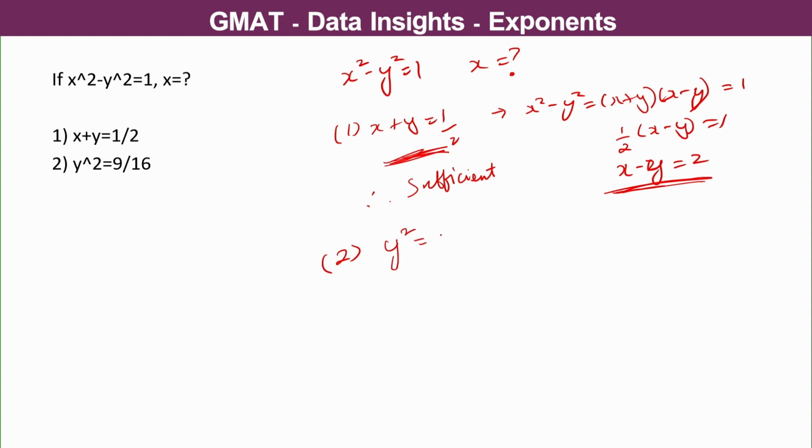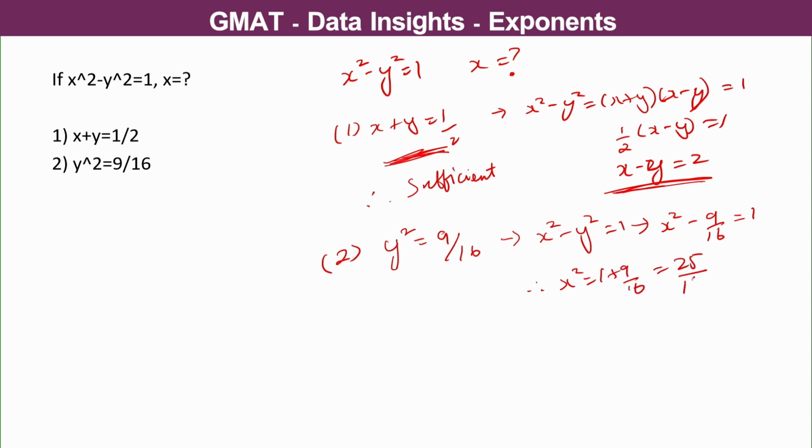The second statement says that y square is equal to 9 by 16. Then we can substitute this in the main information. x square minus y square is equal to 1, which means that x square minus 9 by 16 is equal to 1. Therefore x square is 1 plus 9 by 16, that is 25 by 16, so x is plus under root 25 by 16 or minus under root of 25 by 16.